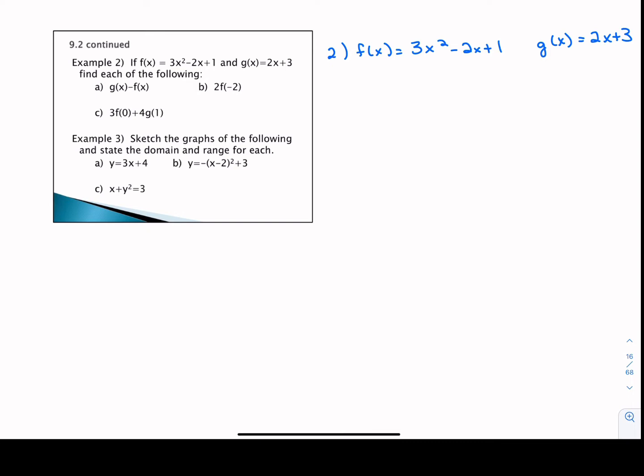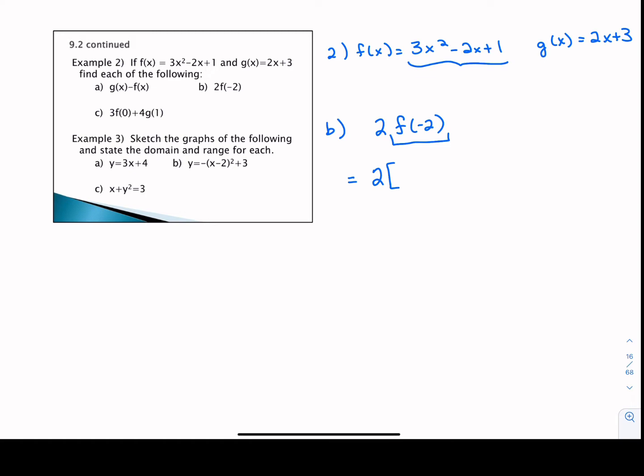Now, 2b looks a little bit different in terms of the notation. You have a 2 in front, and then you have f at negative 2 behind it. What this essentially means is you're going to multiply 2 by whatever the value of f at negative 2 is. So what I like to do is actually make a substitution all at once. So I've got 2 out front, and then in these square brackets, I'm going to offset it with f at negative 2.